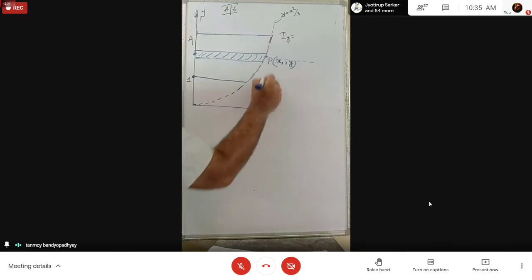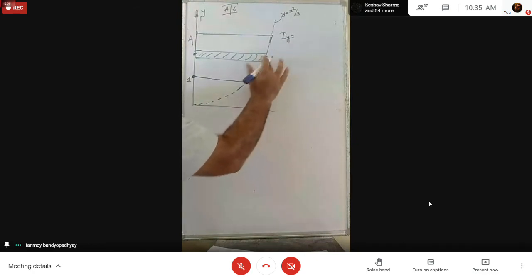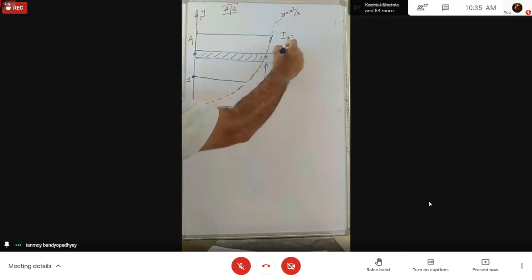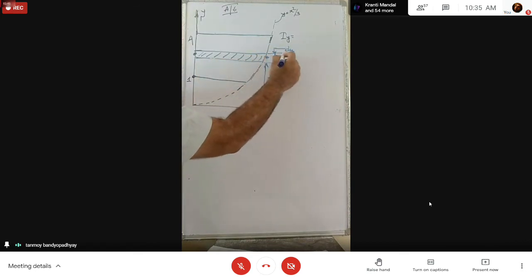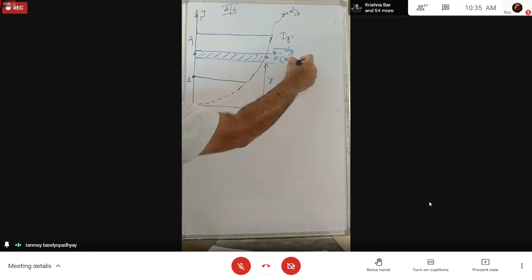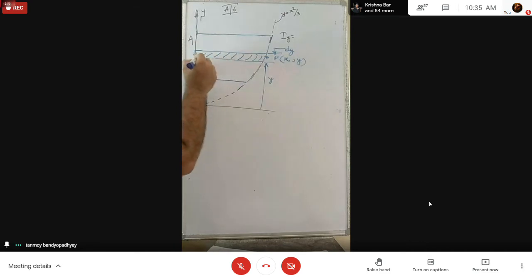So this distance is y, and the thickness of the element is dy. This point we are calling P. Let its coordinates be x1 comma y, and this point we are calling Q. Let its coordinates be x2 comma y.